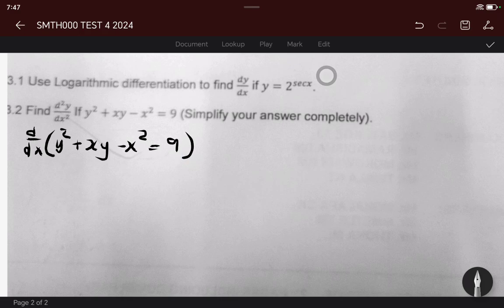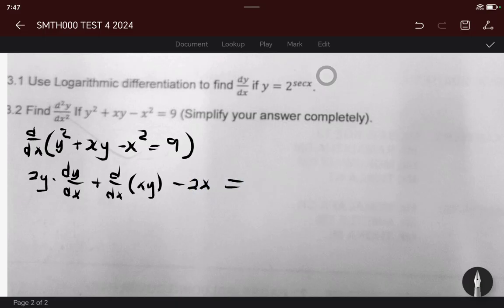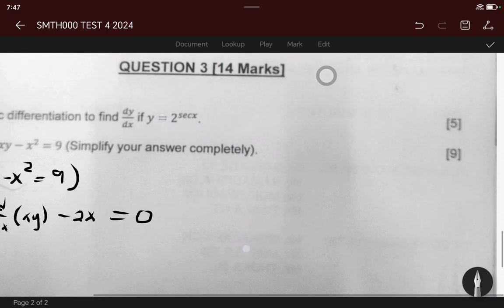If we check here, the derivative of y squared will just be 2y times dy over dx, plus when we derive this, the derivative of x squared will just be 2x, and the derivative of 9 will just be 0. Now remember this theory, right?